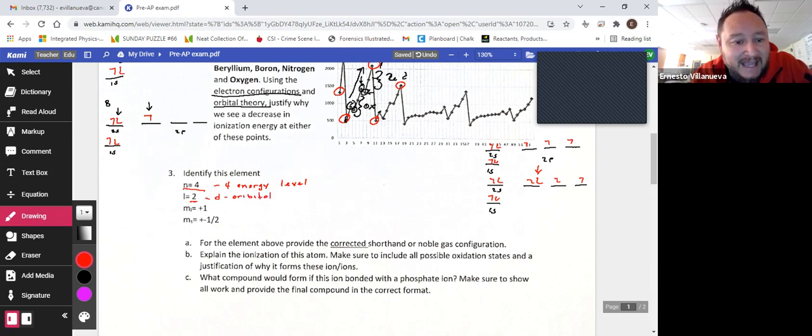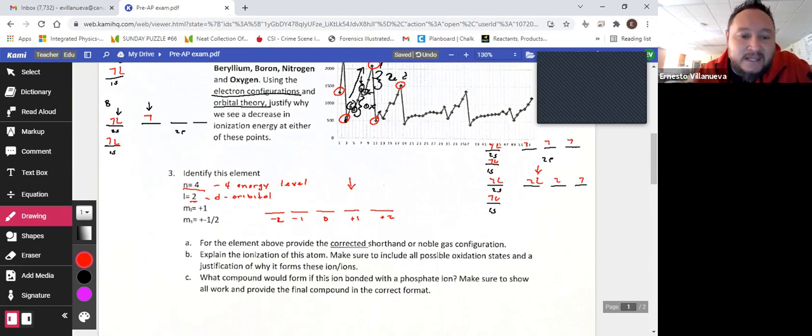It has a +1. So if this is my d orbital, 1, 2, 3, 4, 5, it's going to be -2, -1, 0, +1, +2. What this tells me is that in the d orbital, it's going to be in this subshell.